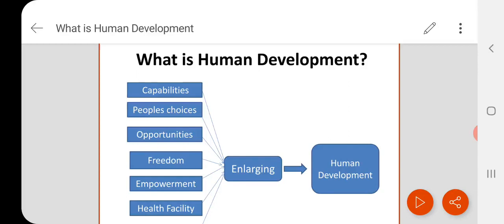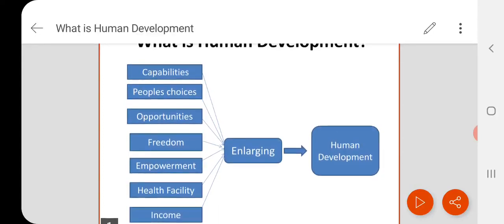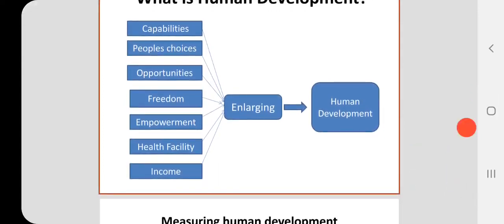What is human development? Human development is enlarging people's capabilities, choices, opportunities, freedom, empowerment, health facility, income, etc. So mainly human development is enlarging all the capabilities or abilities of human beings.